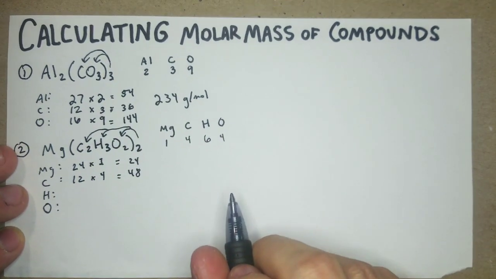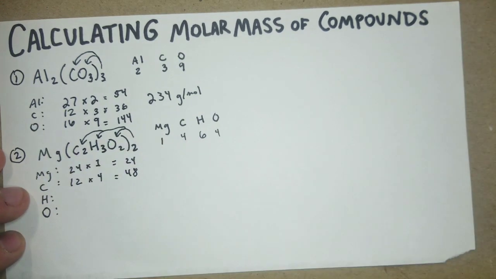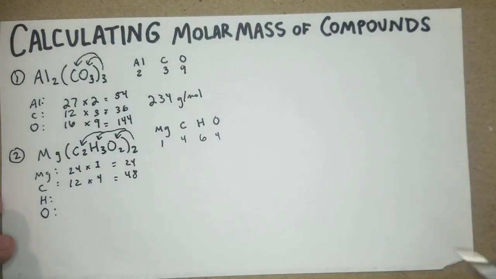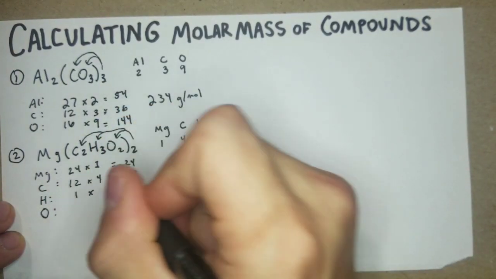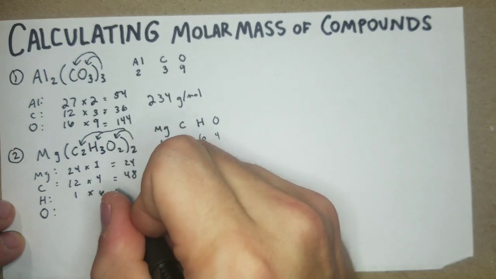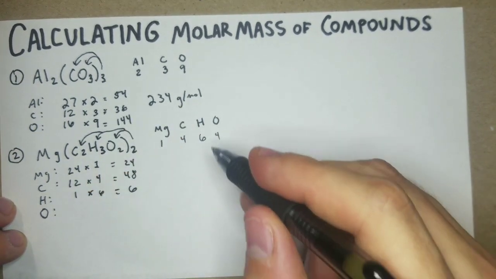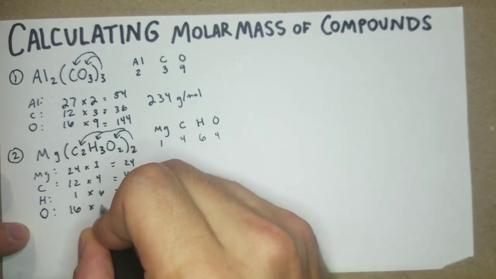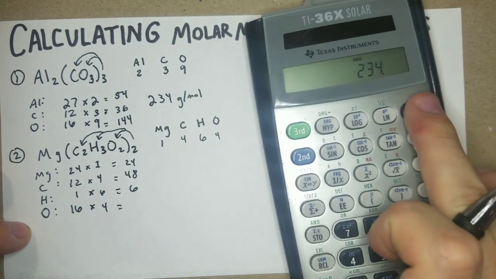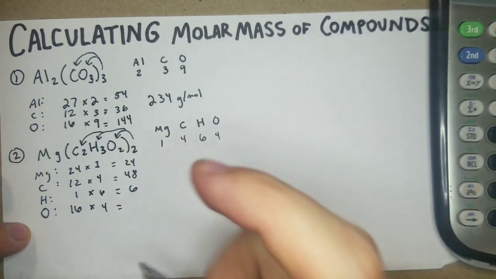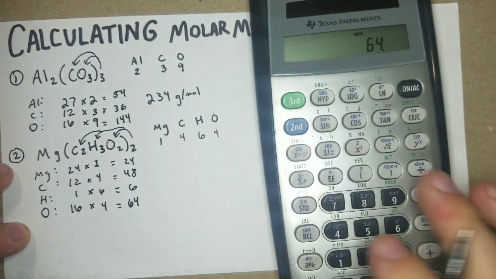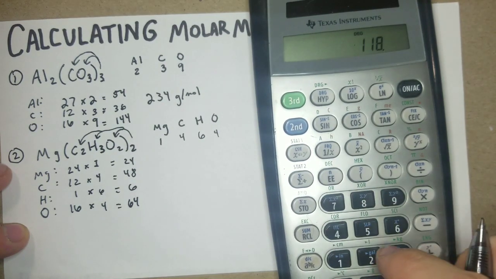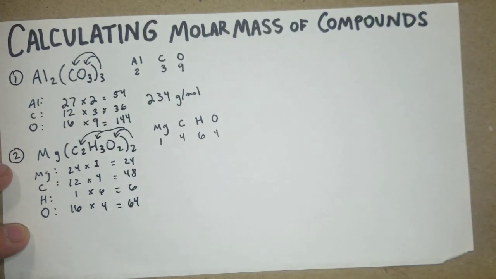Then for hydrogen, it's 1.0079, so we'll just round it down to 1. 1 times 6 equals 6. And then for oxygen, we have 16 times 4. 64 plus 48 plus 6 plus 24 is 142.